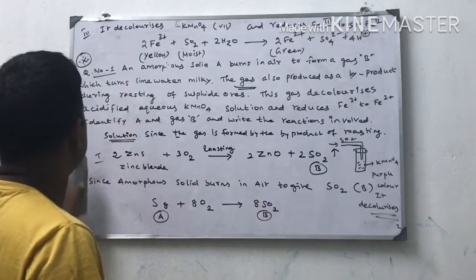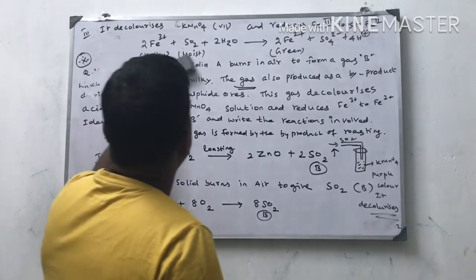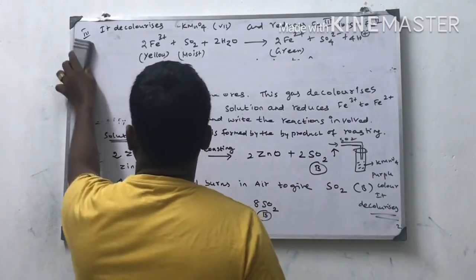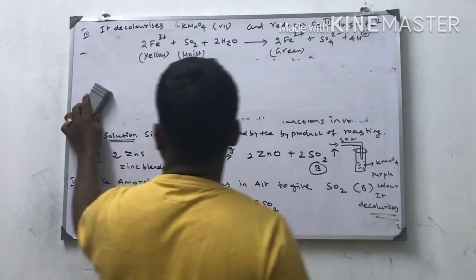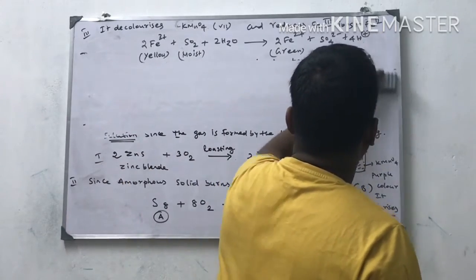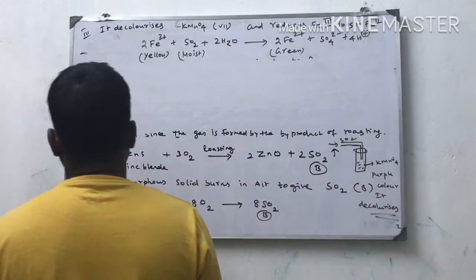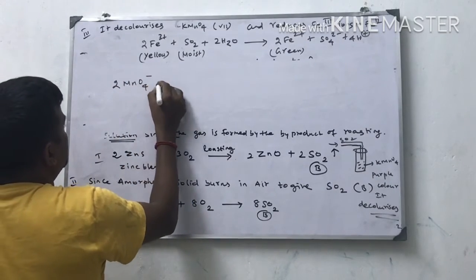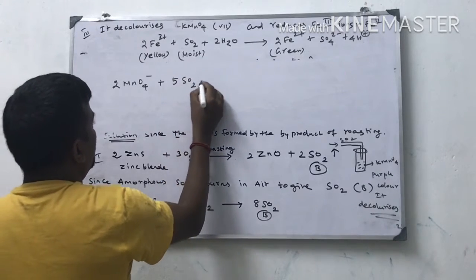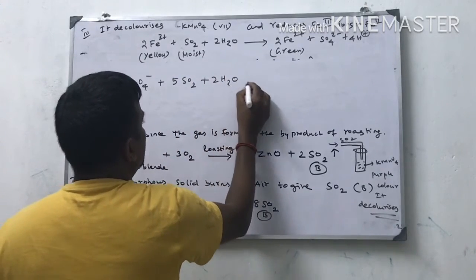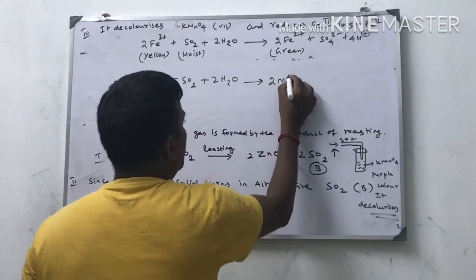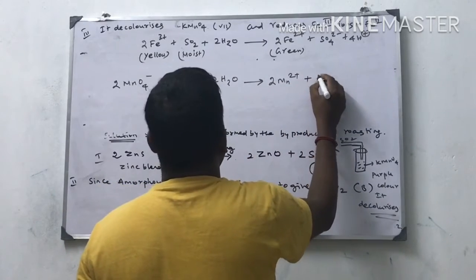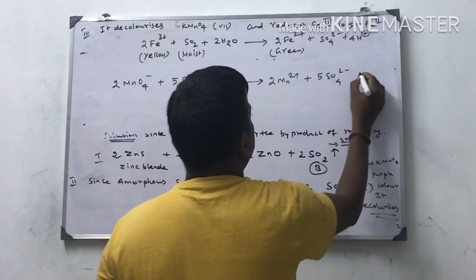Next. MnO4- plus 5SO2 plus 2H2O gives 2Mn2+ plus 5SO4 2- plus 4H+.